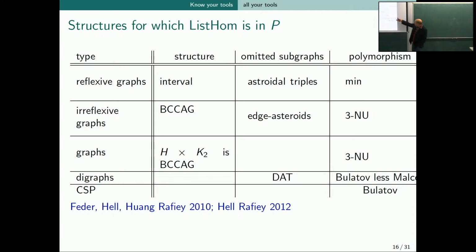And, well, Bulatov's polymorphism, but he can remove the Maltsev bit, so it's a little less nasty than Bulatov's. So when they did this in 2012, Bulatov's description wasn't known to be decidable in polynomial time yet. So they showed that it was decidable in polynomial time in this setting. And then we know from about 2015 they all are.